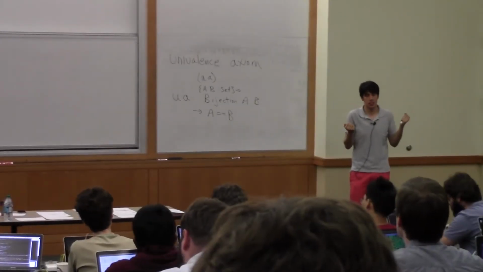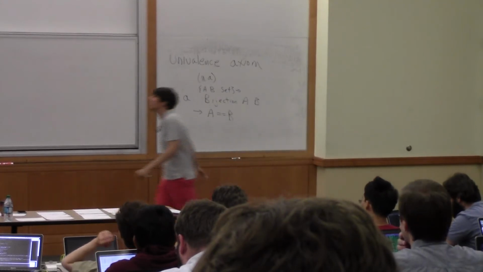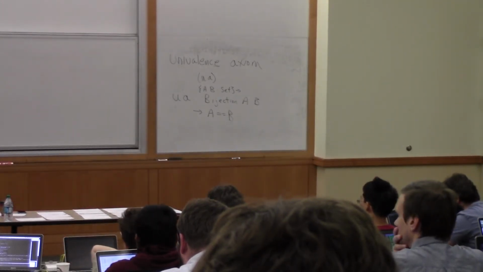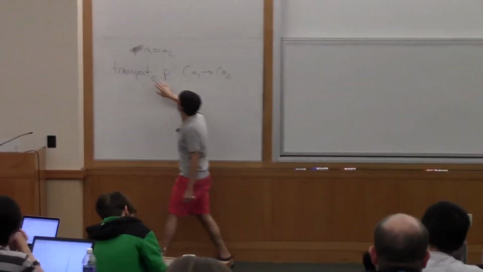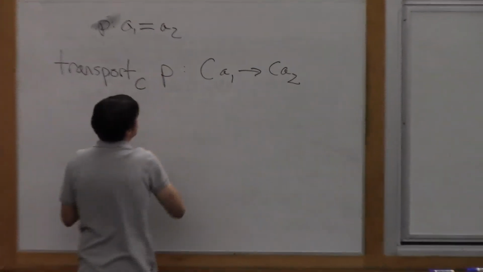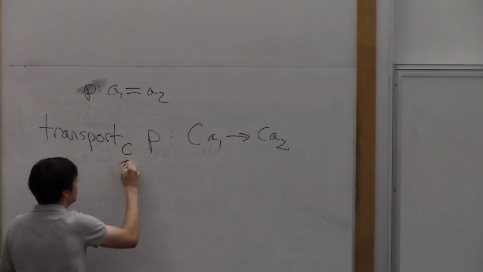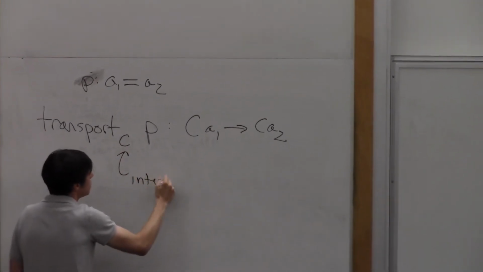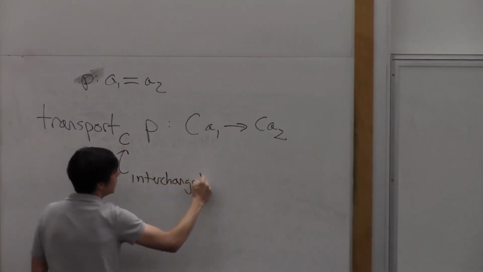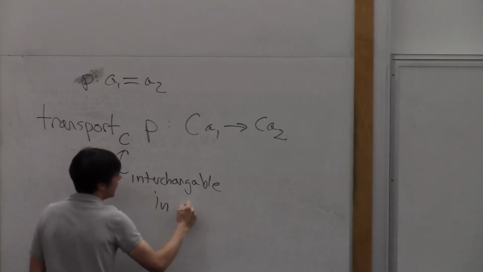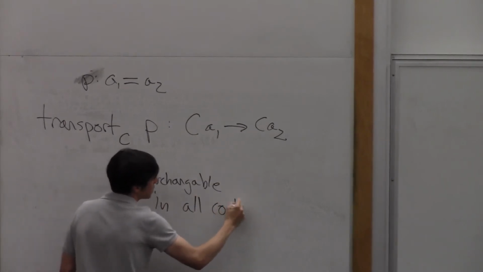What does this buy us? What this buys us is exactly this principle. When you prove that things are equal, you know that they are interchangeable in all contexts.